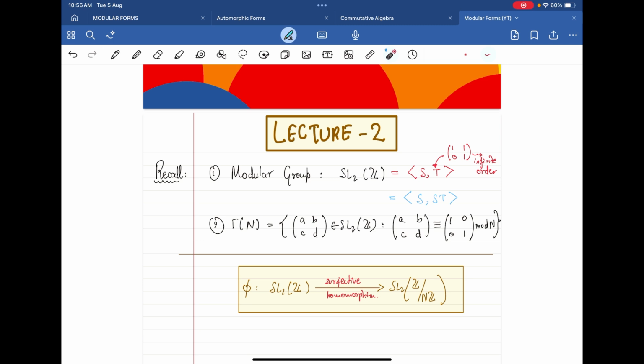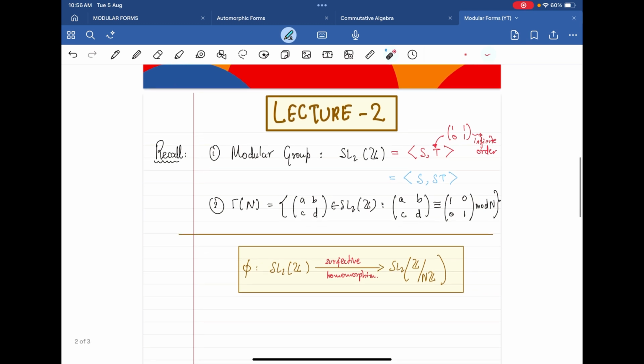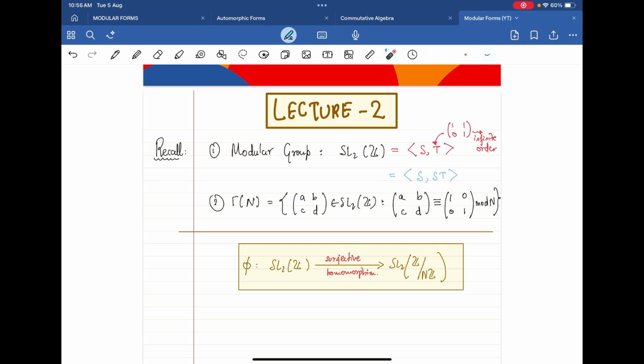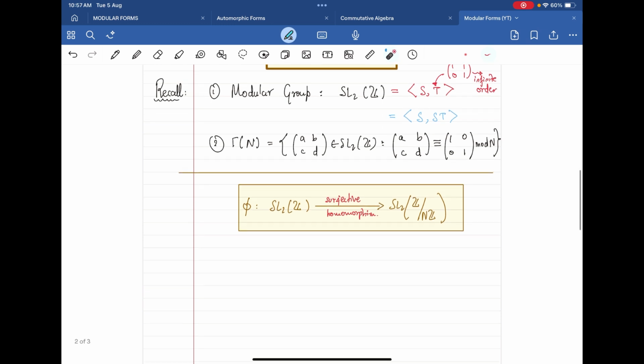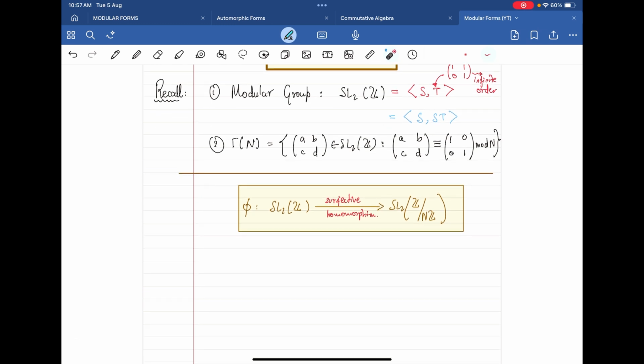And then we ended the video with a question, which tells us that we can define a surjective homomorphism from the modular group SL2Z to SL2 of Z mod NZ. I mentioned last time that how this surjective homomorphism is constructed is really important for the upcoming results, because the book I am following, Professor Ramamurthy's book, writes results in terms of problems.